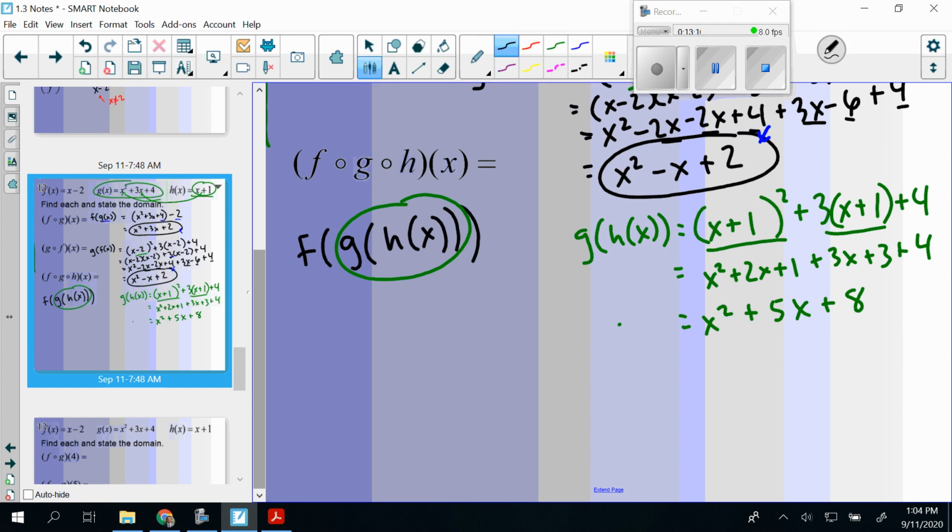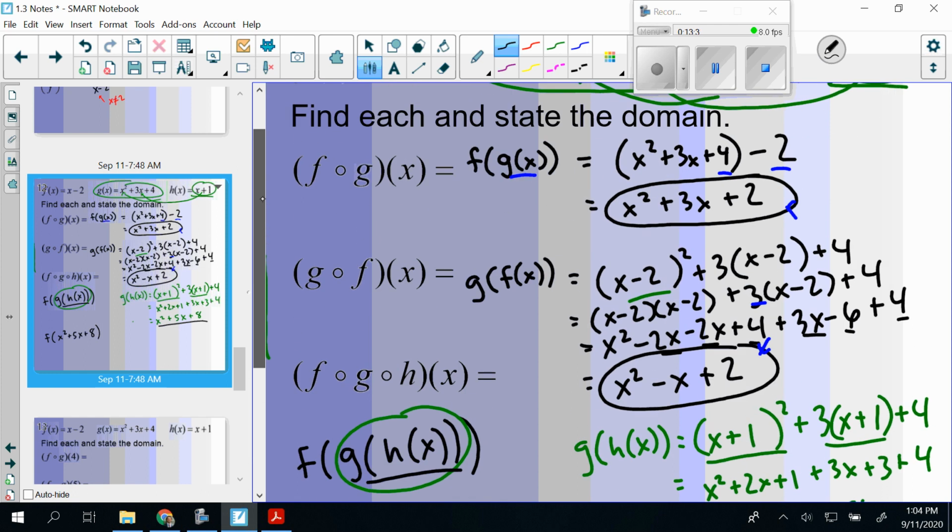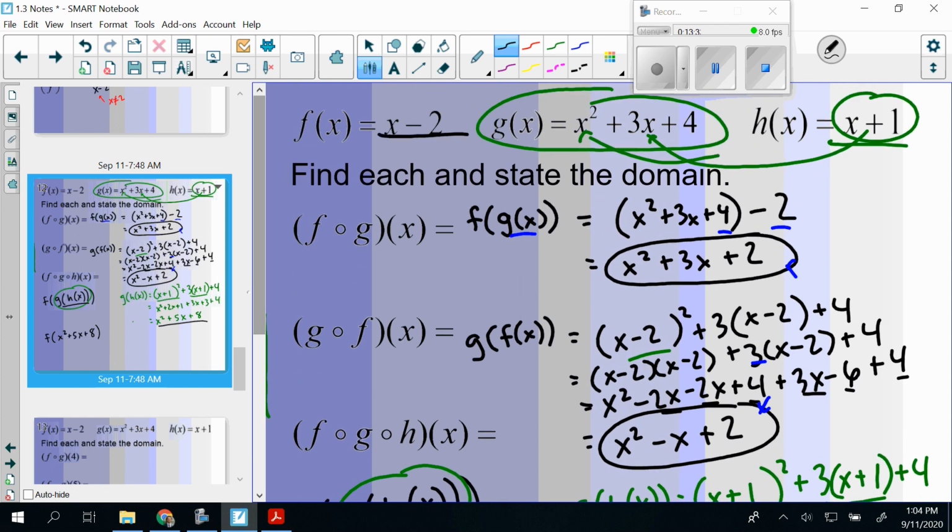So if we know G composed with H equals this, that can replace this here. So now what we've got to find is what is F composed with this result. So now we're going to take that result, plug it into function F, and see what we get. Function F is something minus 2.